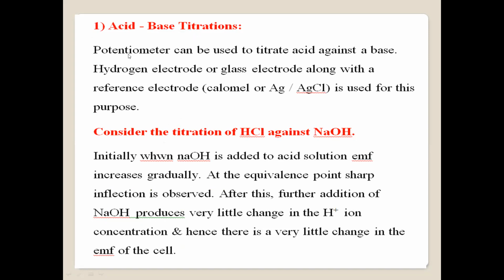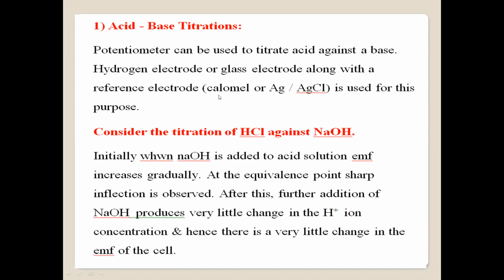In acid-base titration, a potentiometer can be used to titrate acid against a base, using a hydrogen electrode or glass electrode along with a reference electrode.